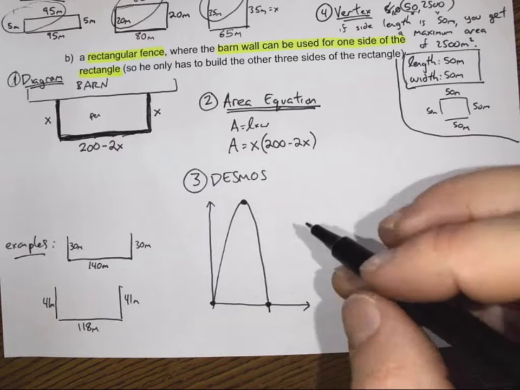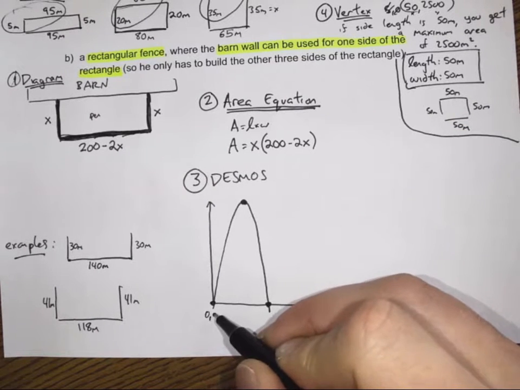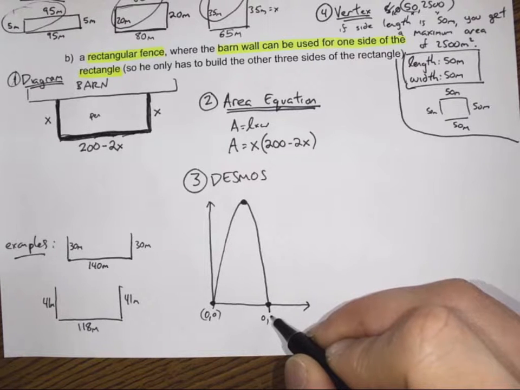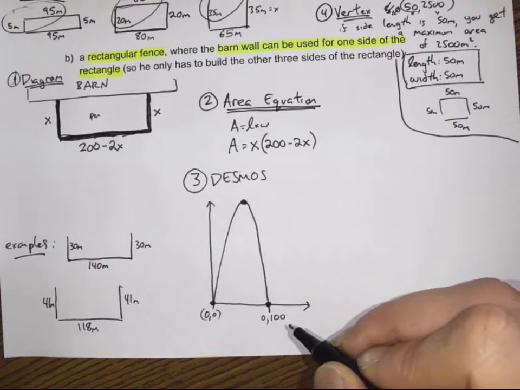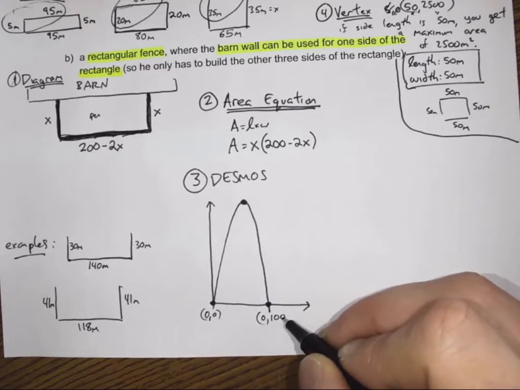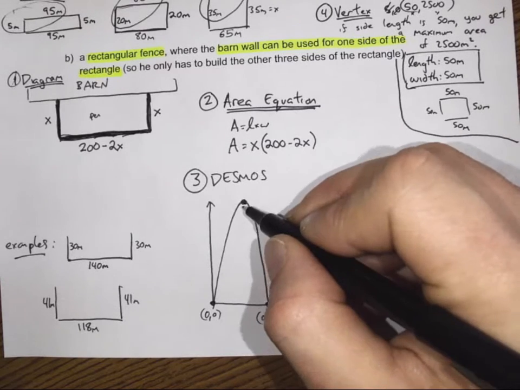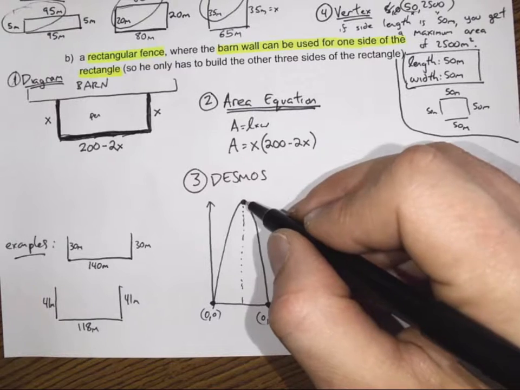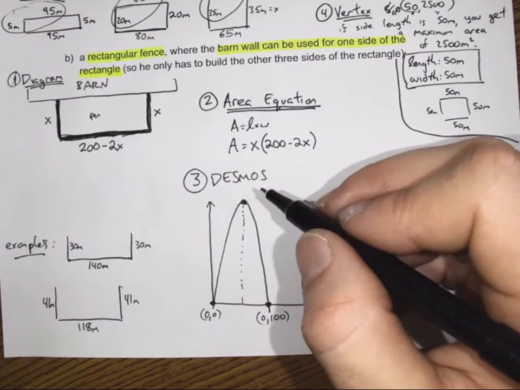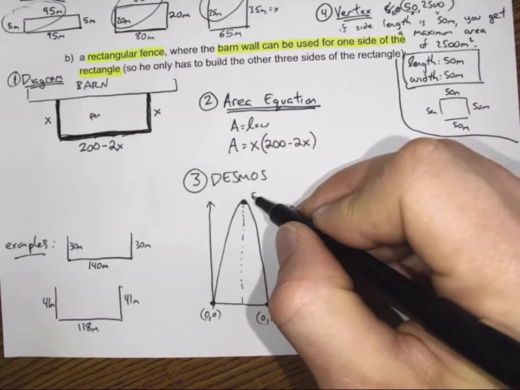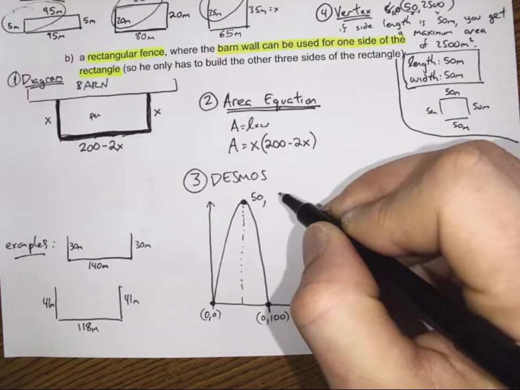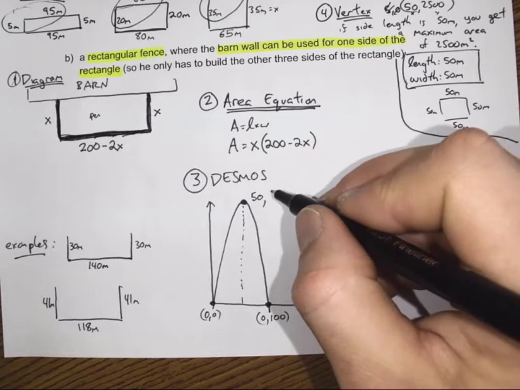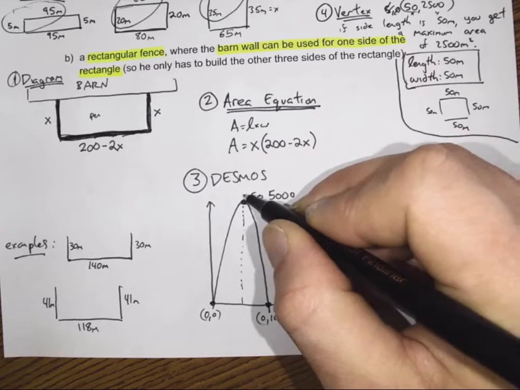We end up with a point at 0, 0. We end up with a point at 0, 100. And we end up with a point here, halfway through the middle, that the coordinate of that vertex is the point 50. And, wait, hang on a second, 50, that must be 5,000.